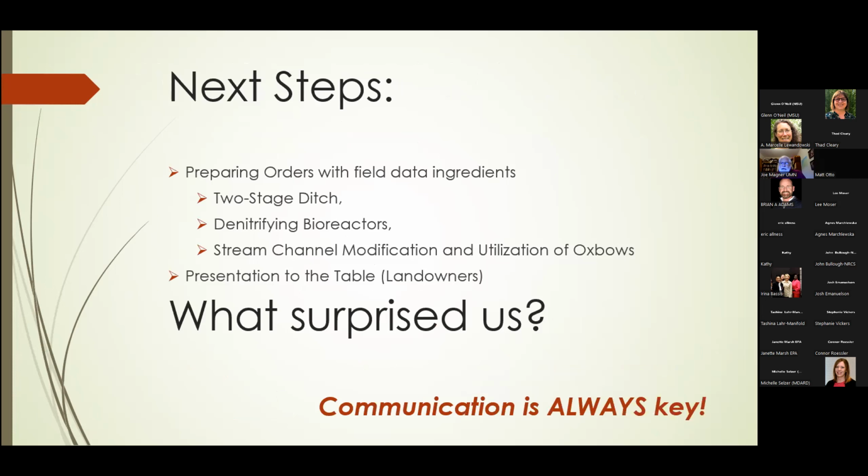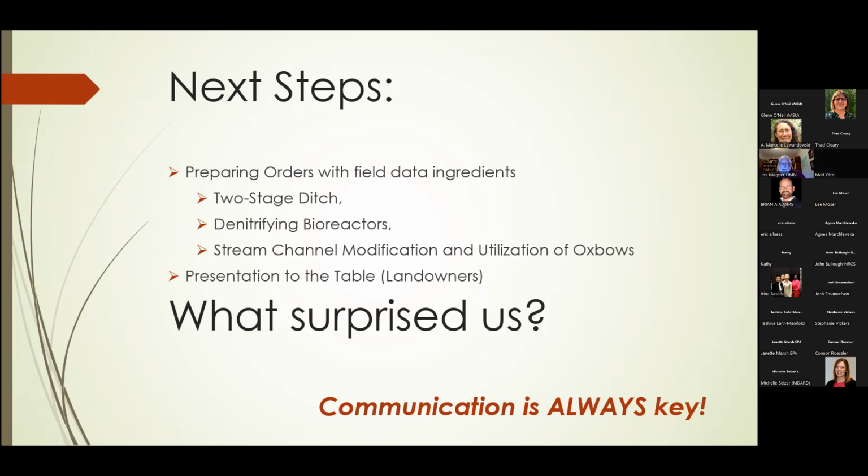So in the end, I think what most of the landowners were willing to try, other than trying to reduce their commercial fertilizer and do more strategic planning with their manure application, was two-stage ditches, denitrifying bioreactors, and stream channel modifications that allowed for the utilization of old oxbows.